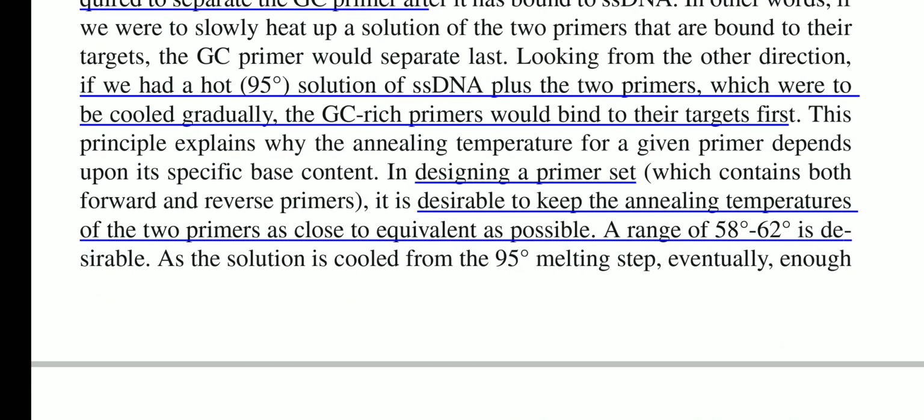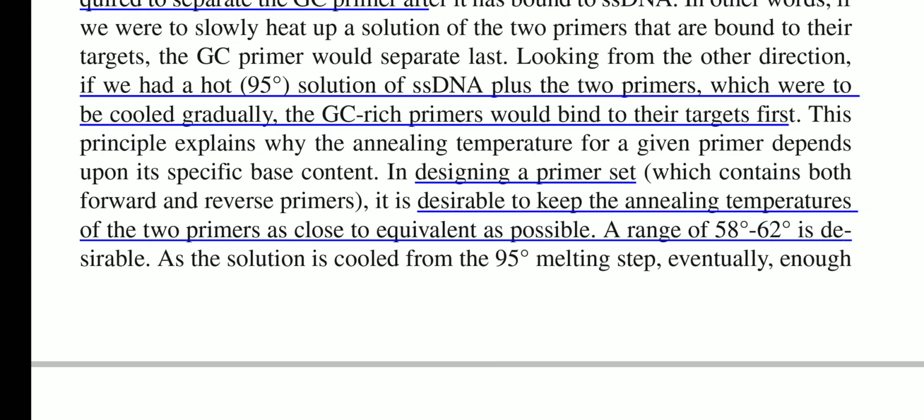So this is the thing. Also think about what is written: if we have a hot 95 degree solution of single-stranded DNA plus primer which will be cooled gradually, then the GC primer will bind the target first.